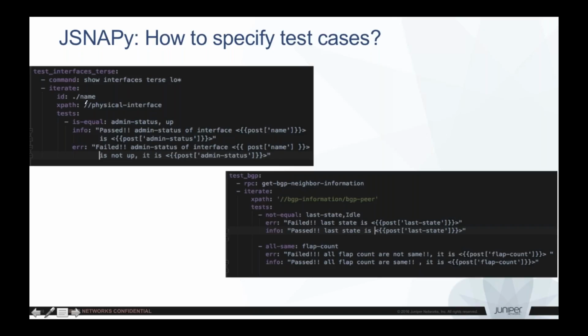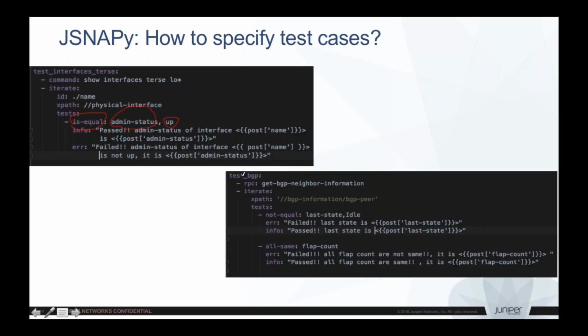I provide the XPath keyword for the content to be parsed and then use the is-equal operator on the admin status, and I expect it to be up. Simple test case, isn't it?